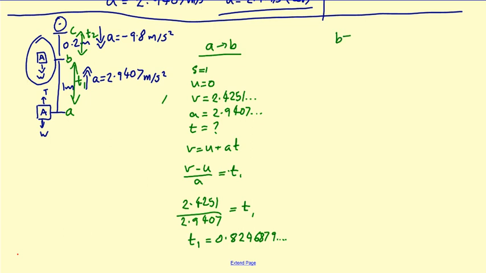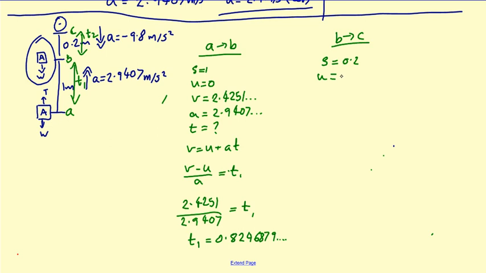I'm going to go from B to C. So here we're going to have s equals 0.2 meters. u, we know, is the final speed of the previous section. So the final speed here will be the initial speed here.